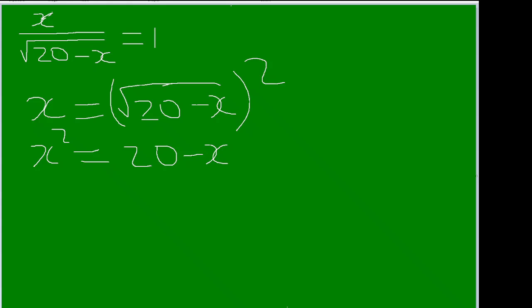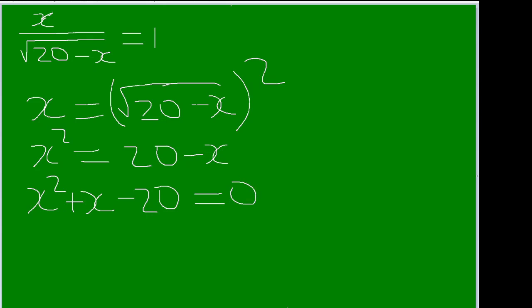We start with x squared. We take the negative x to this side, and it will be positive x. We take the positive 20 to this side, it will change sign to be negative 20, equal to 0.